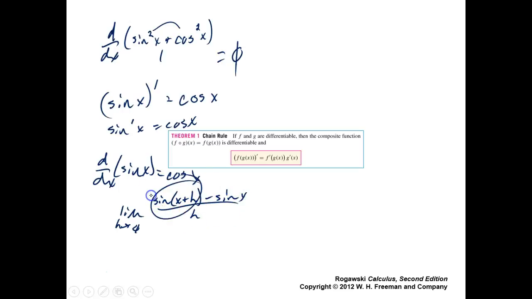Well, the addition, that's what they mean, the addition formula. That sine x cosine h plus cosine x sine h. That's the formula they use. Or at least that's what I interpret the addition formula they're talking about. The difference quotient for that involves the expression sine x plus h. The addition formula of sine function is used to expand that expression. Exactly what I said. Okay.